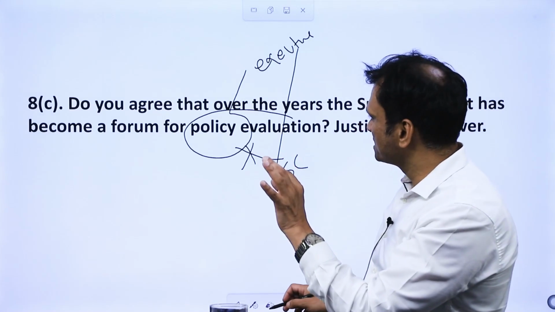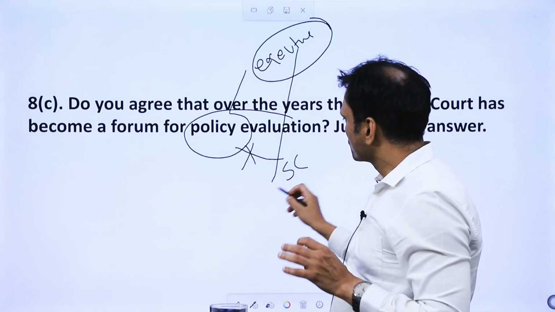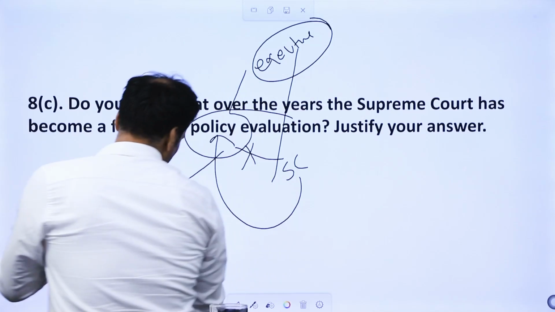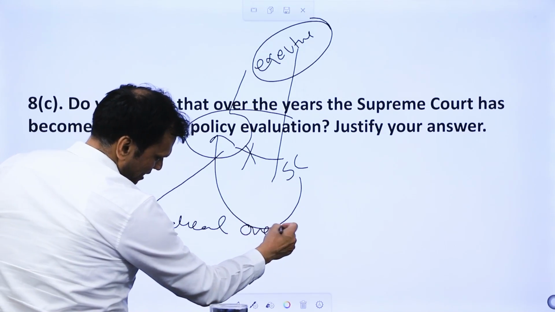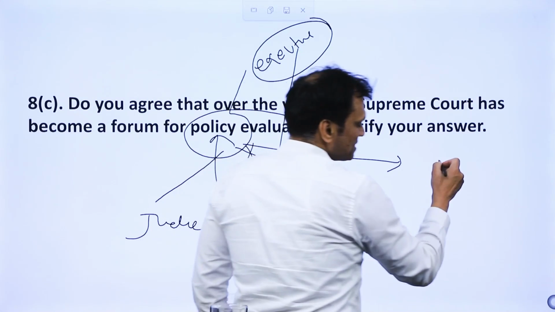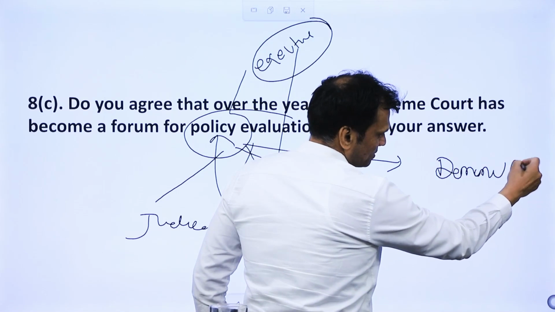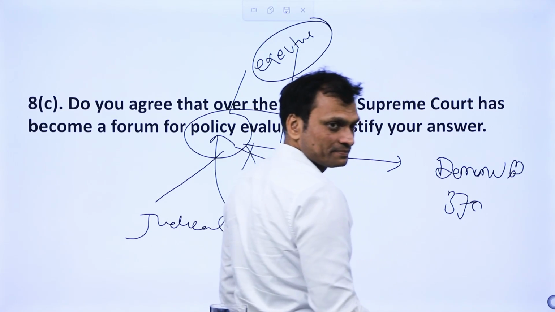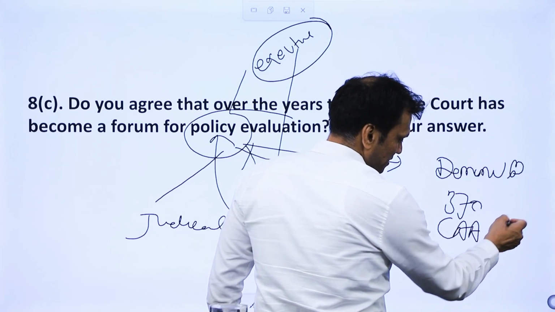Pure policy decisions are executive, right? So Supreme Court judgments or review of policy is called judicial activism. Overreach, actually; not even activism. Recently, policies like demonetization, Article 370 abrogation, and the Citizenship Amendment Act.